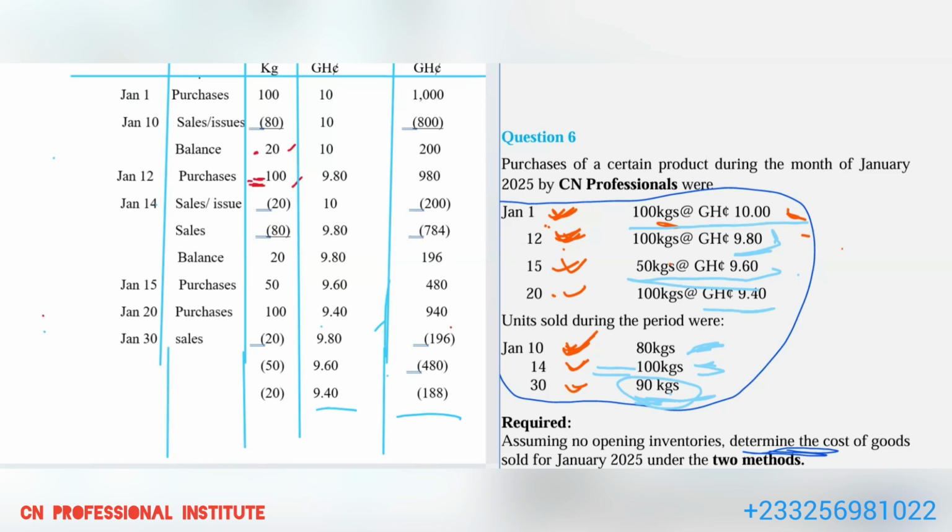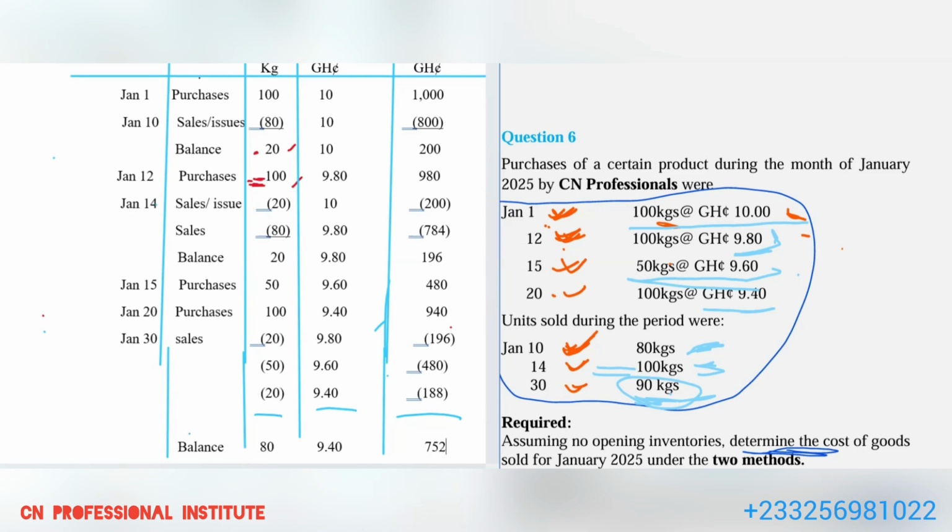So if we analyze everything here, at the end of the year, the balance that we're going to have left will be 80 units at 9.40, and that should give us 752.